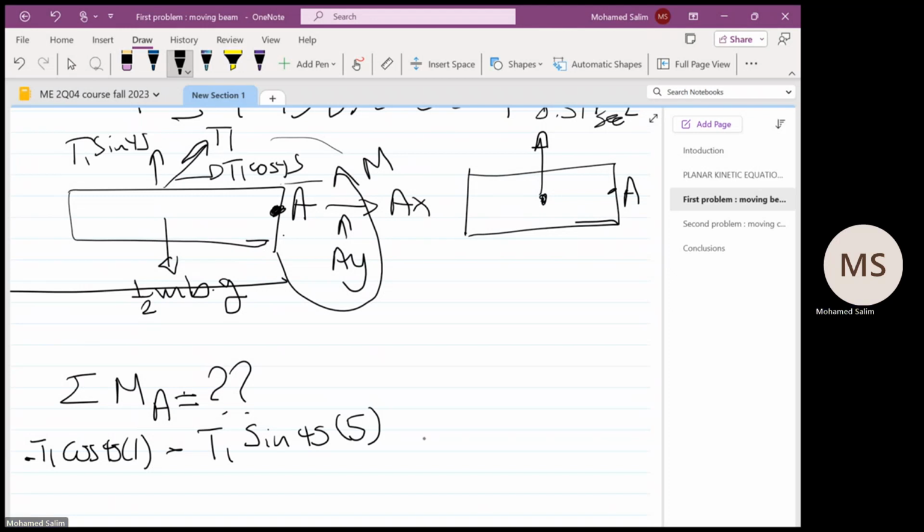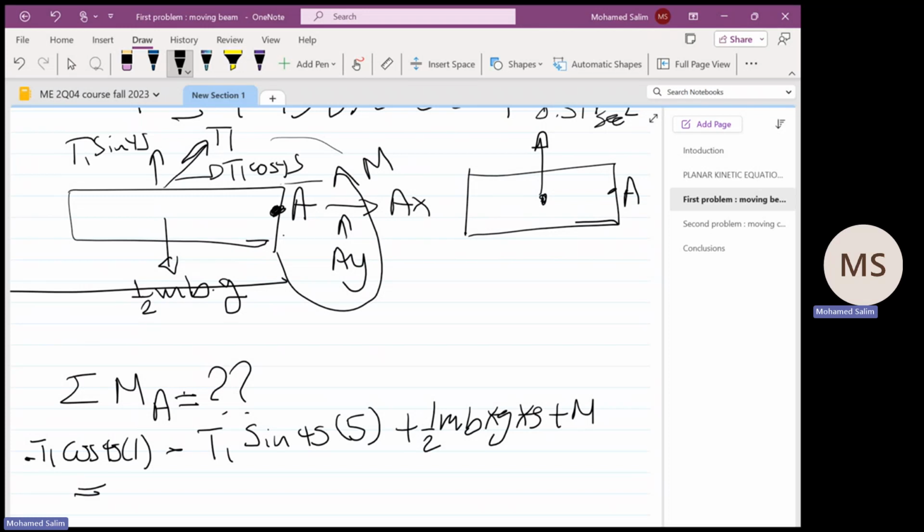The weight will be counterclockwise, half mg times 5 feet, and plus M equals. What about the moment of Ax and Ay? So we calculate the moment from T1, we calculate the moment from the weight.